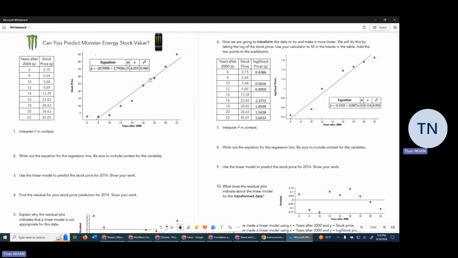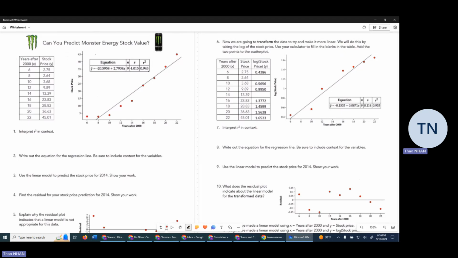How well does this line approximate your data? So to interpret your R square, we're going to use the context and the numbers that we got over here.